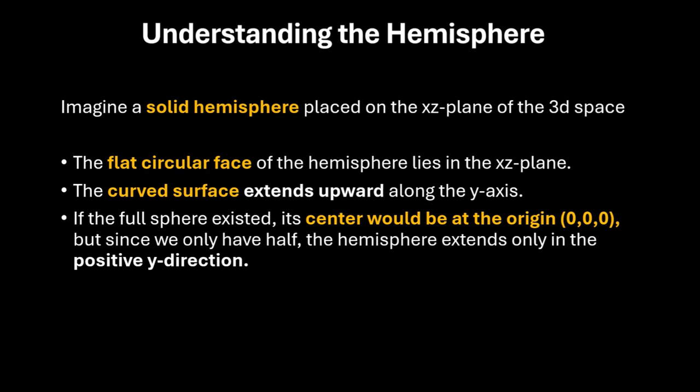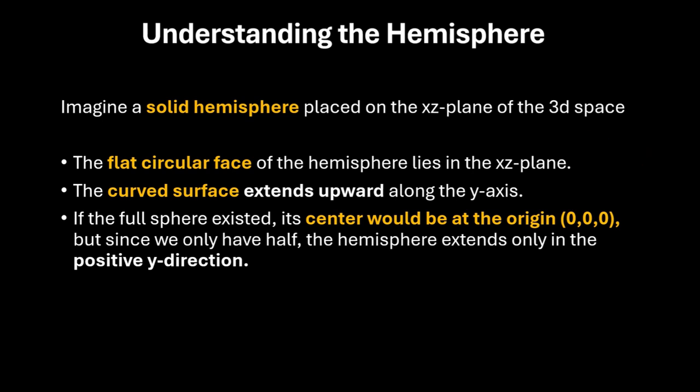This is where the plane and the height along the axis become really important. The flat circular face lies in the xz plane, and the curved surface extends upwards along the y-axis, and that is why we got the answer y bar is equal to 3r by 8.